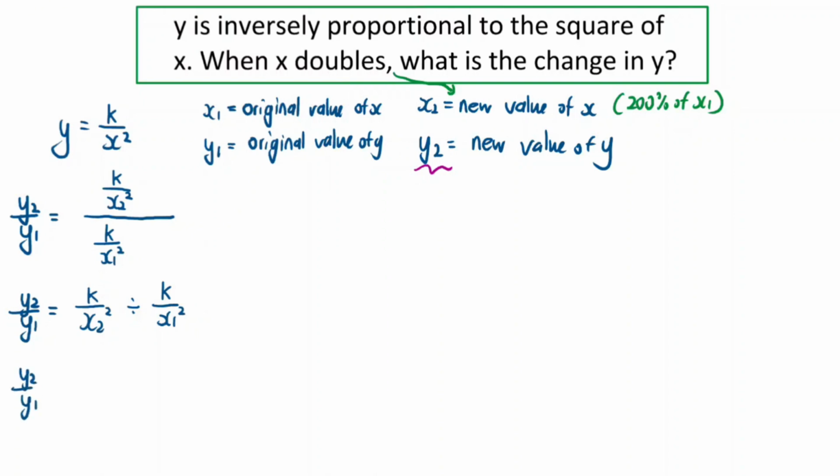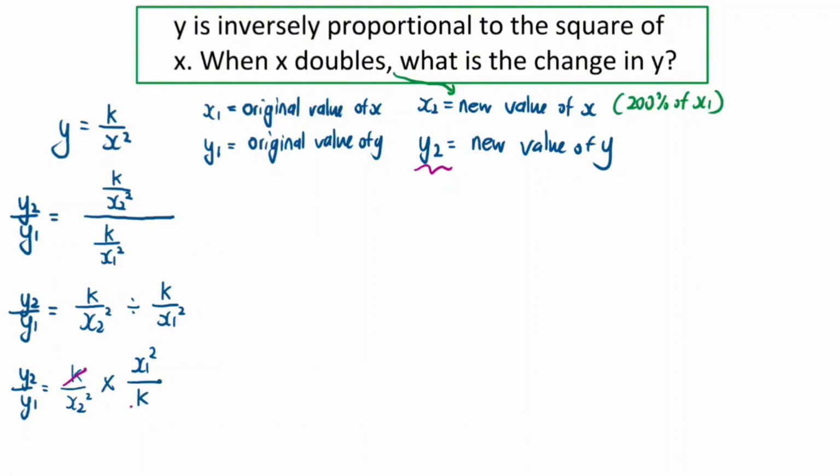And then next, I'm going to replace the divide with times. So k over x2 squared, times, if there's a times here, then for this fraction we need to flip the numerator and denominator around. So therefore, here we will get x1 squared over k. Then now there's a common factor k in both the numerator and denominator.